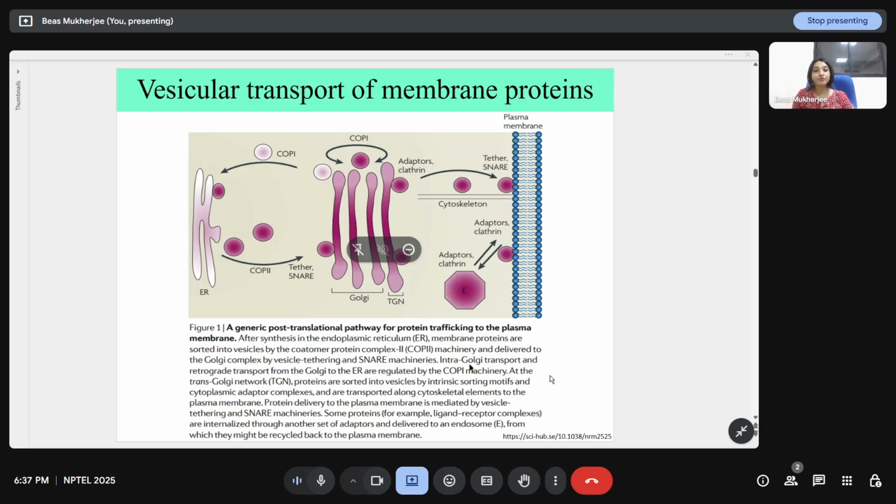So protein delivery to the plasma membrane is mediated by vesicle tethering and SNARE machineries. Some proteins, for example, ligand receptor complexes, are internalized through another set of adapters and delivered to the endosome, from which they might be recycled back to the plasma membrane. Okay.